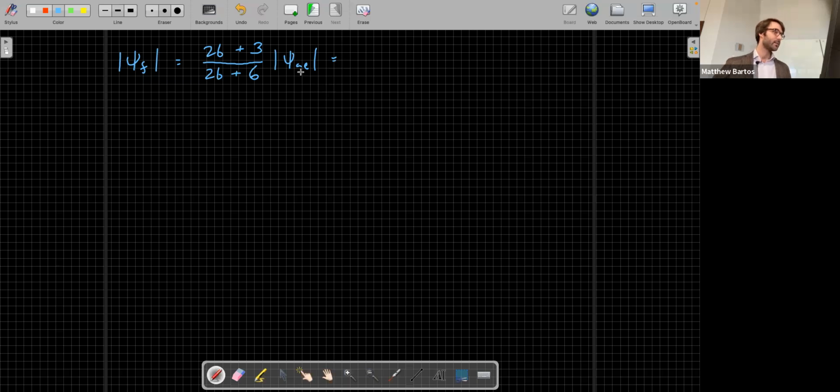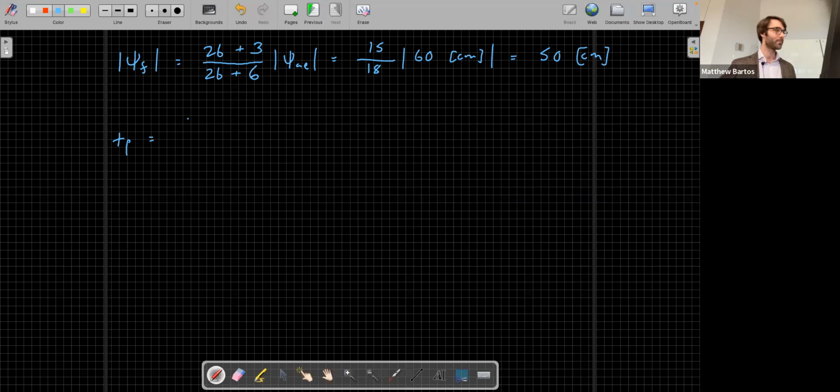Our b is 6, so the numerator ends up being 15. Denominator ends up being 18. And our air entry pressure is 60 centimeters of head. And so what we end up with is a matrix potential of 50 centimeters. Okay, so all we have to do now is go back in and plug in those values.